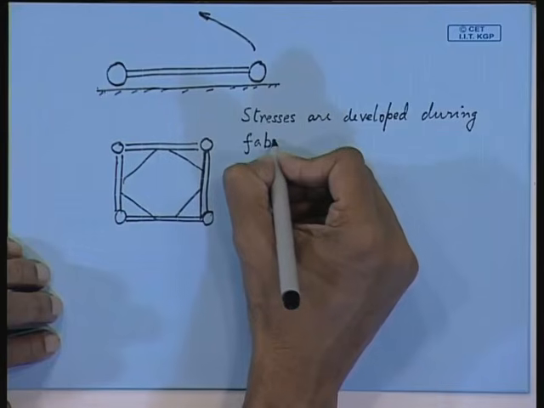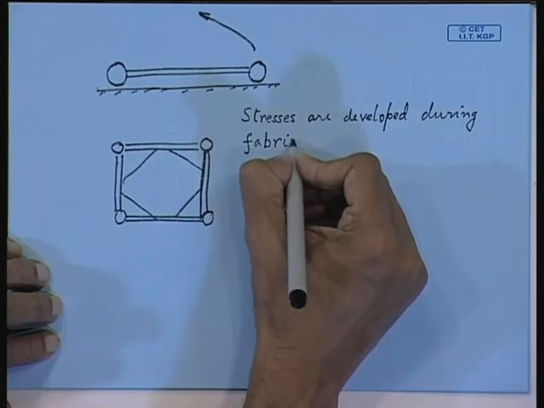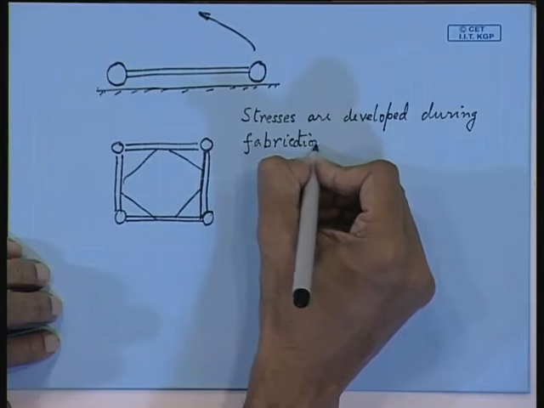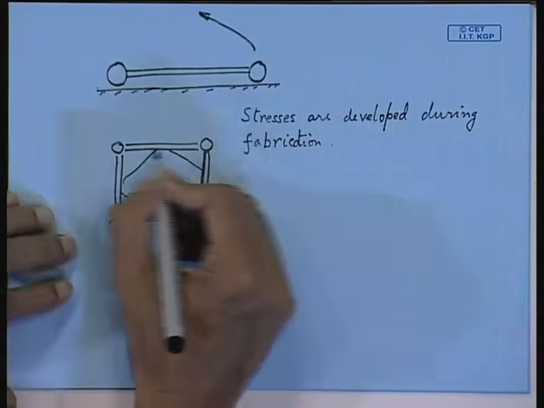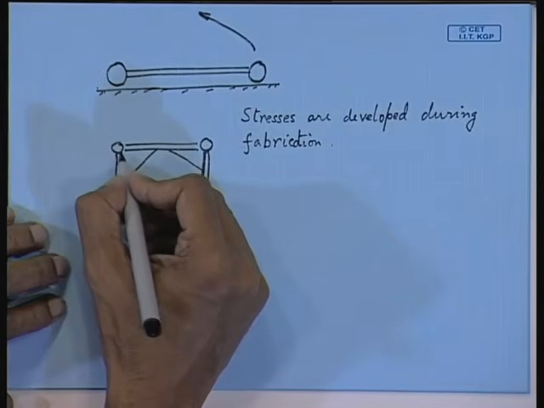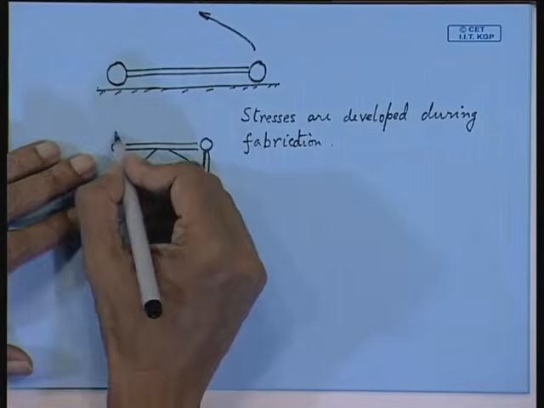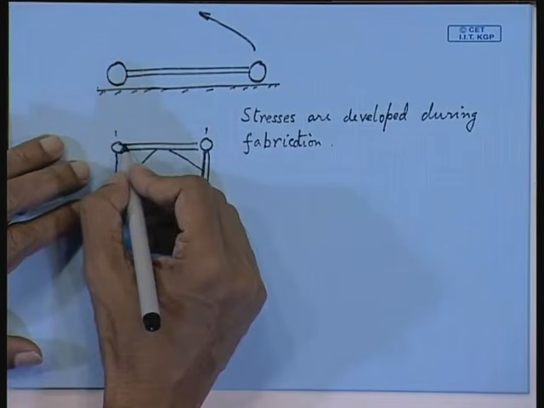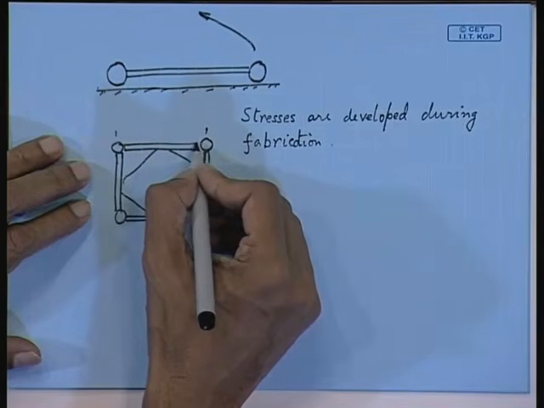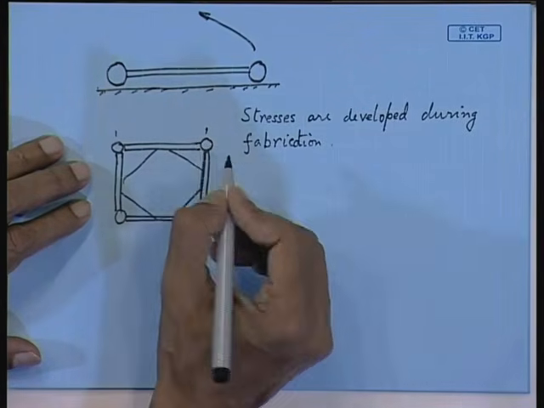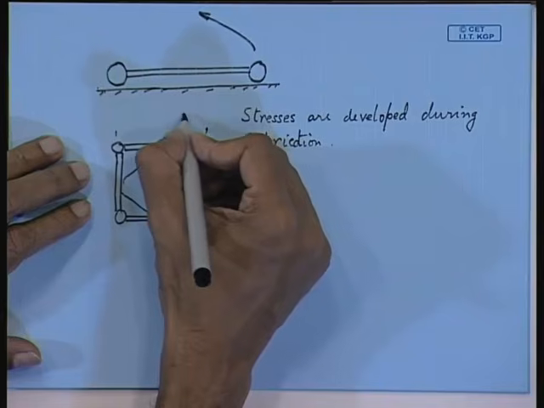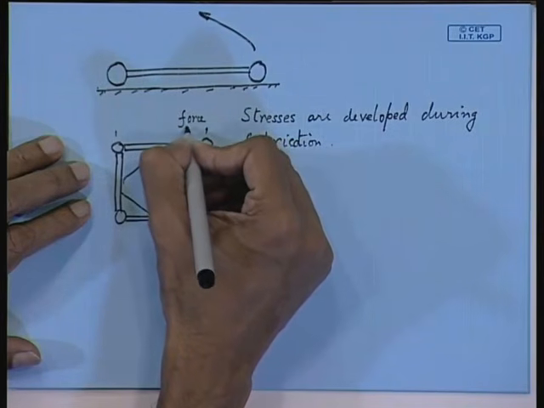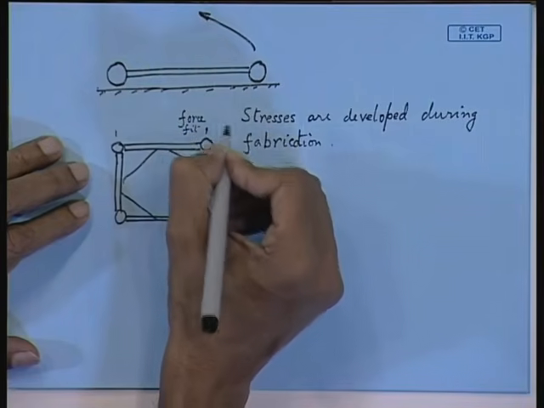This is just one example. Now, if you are not careful, you will find that this panel you have not been able to bring sufficiently close for this bracing member to be welded, or sometimes what is done, you force fit. So, this is a very precision kind of task.